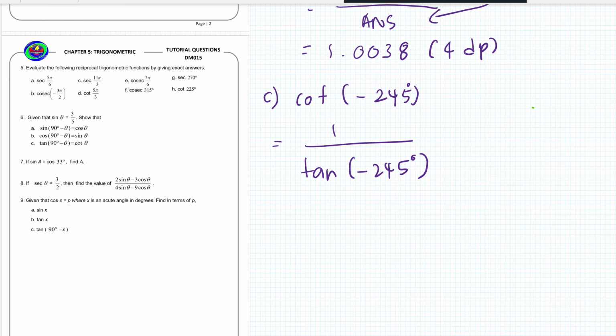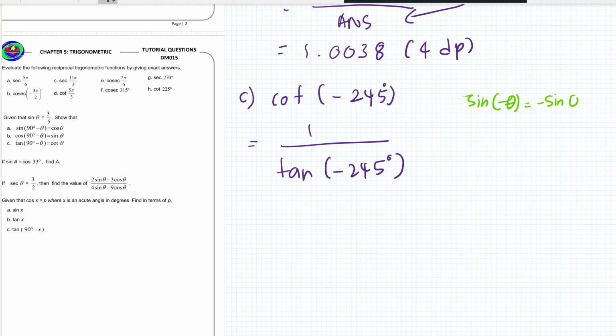Cos of negative theta is equal to cos theta, and tangent of negative theta is equal to negative tangent theta. This is very important if you have a negative angle. So in this case, we have 1 over negative tangent 245.